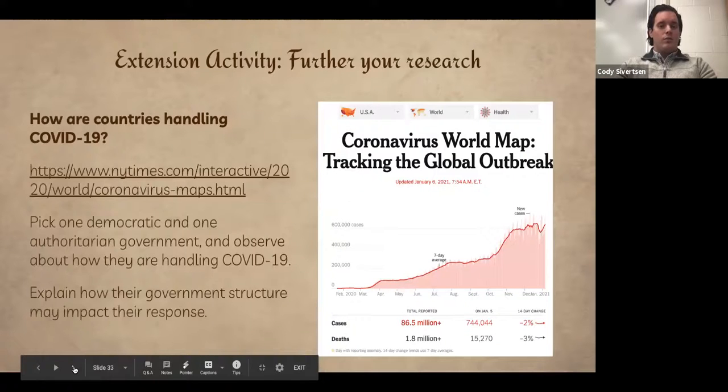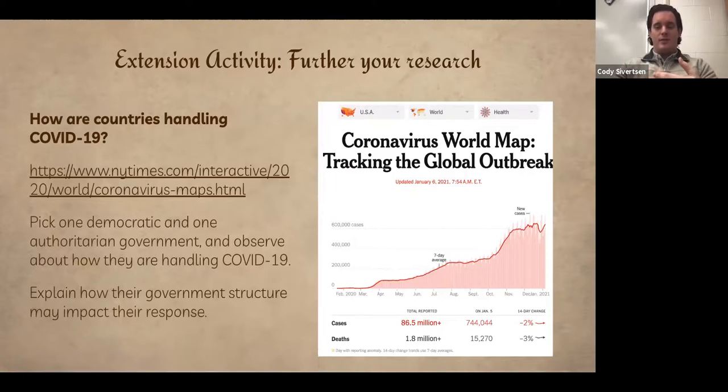So you establish this is the true evidence of it, and have a little bit of discussion there. One relevant extension, kind of a fifth day, or a sixth day, if you have a lot of good time, is having kids look at the data of how authoritarian versus democratic countries have handled the coronavirus.